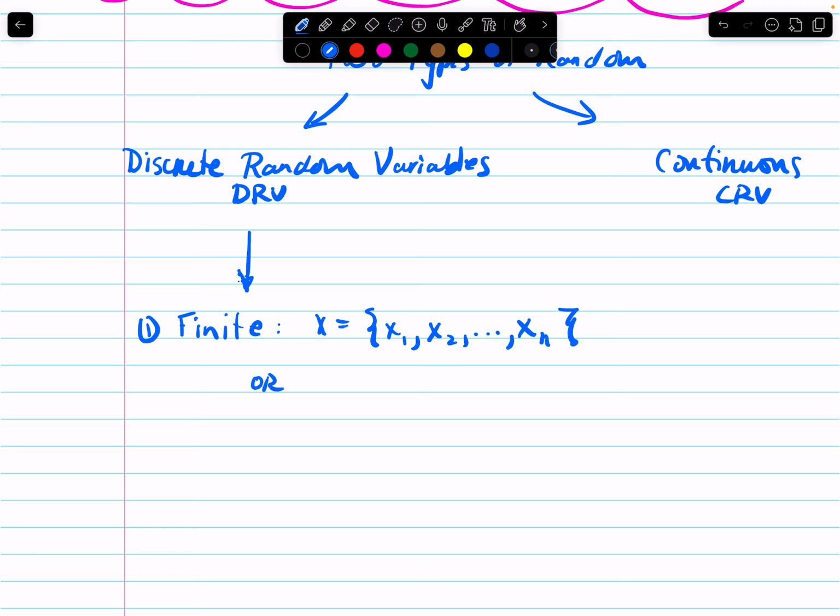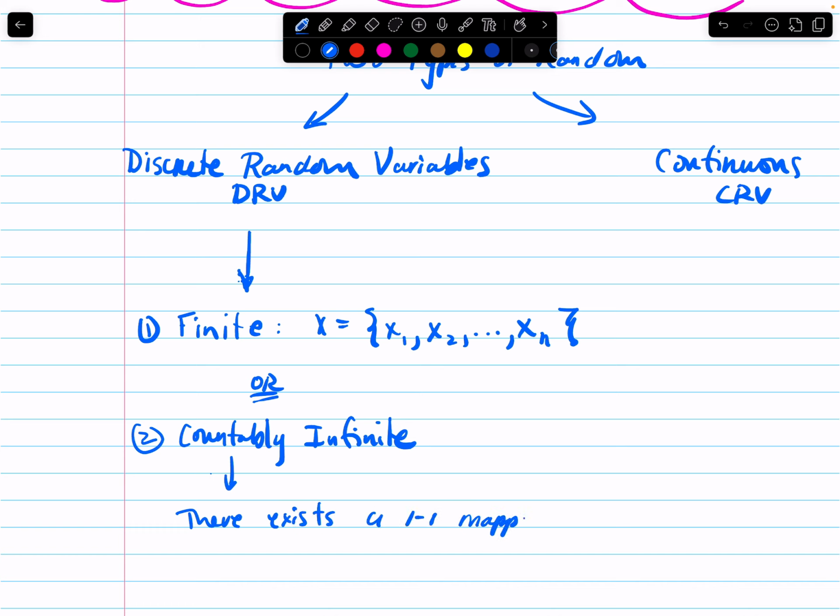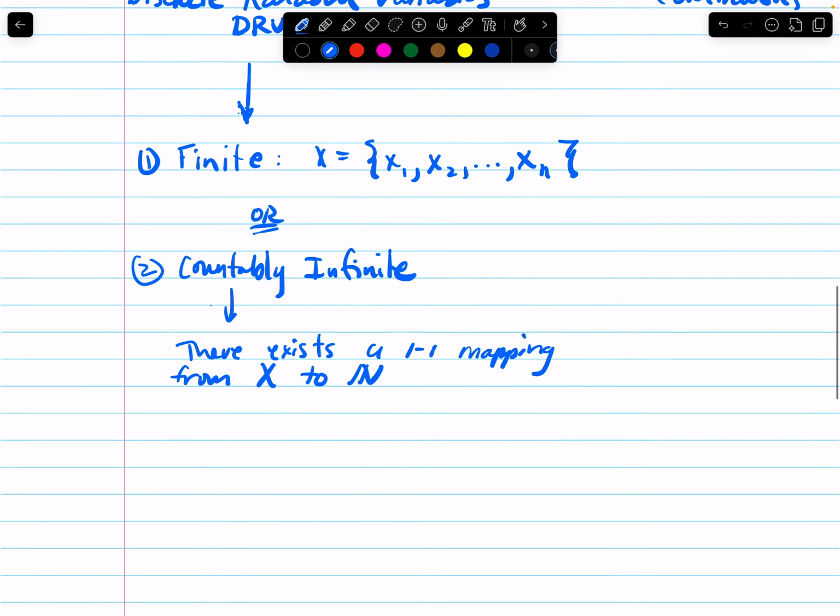Or if it is countably infinite. And what does that mean? Well, that means that there exists a one-to-one mapping from the countably infinite set, which we're saying is X, to the natural numbers.